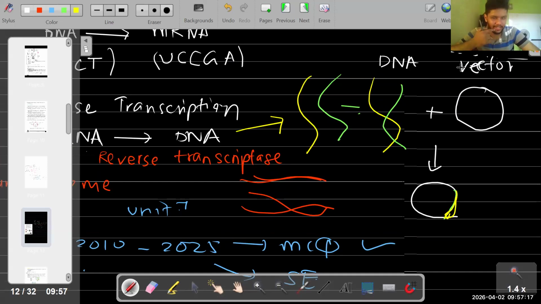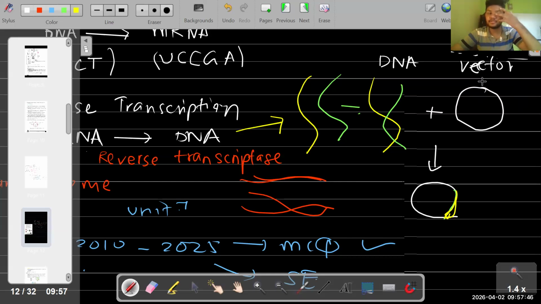Don't use the word cloning vector. You are familiar with the word vector, right? They'll be giving marks, right? But even if it is a cloning vector, it's still a recombinant, right? Now, cloning vector means it is not yet combined with the DNA.